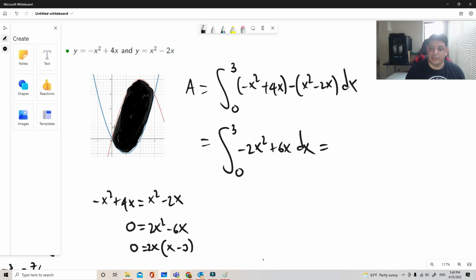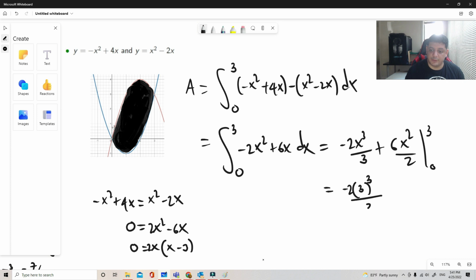And if we calculate the area here, we're going to get minus 2x cubed over 3 plus 6x squared over 2 between 0 and 3. By the fundamental calculus theorem, we plug in 3, we plug in 0. Plugging in 3 is the only thing that is going to produce something non-zero.